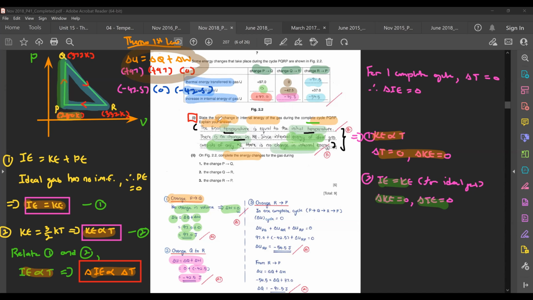Now, in part 1, you say that as your object went through one full complete cycle, the change in internal energy is 0 because the temperature change is 0. So let's consider this.